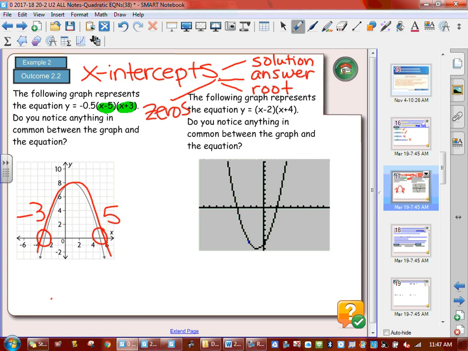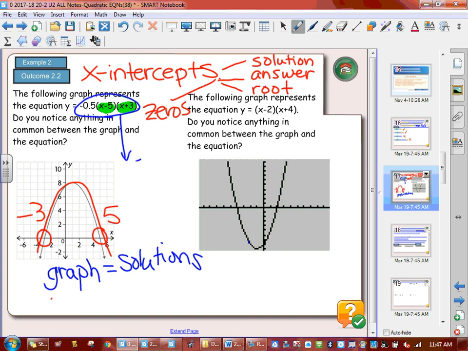They're the opposites. So that's something we're going to figure out. These are called the factors of the equation. When you graph it, it's called the solutions of the equation. So the actual answers or solutions are the graph parts. So the graph equals the solutions. Here in the equation, those are the factors.